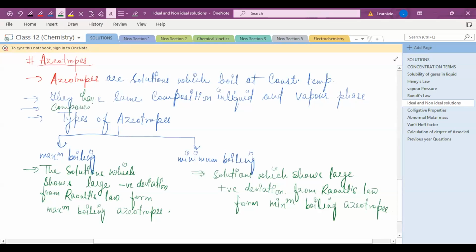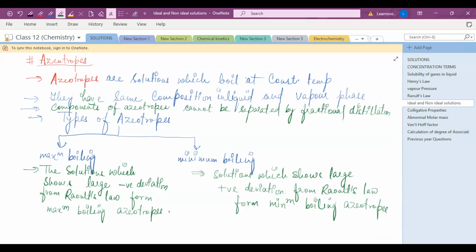You can't separate components of azeotropes by fractional distillation, because you can see they have constant temperature. They boil at constant temperature. So that's why you can't separate both the components by fractional distillation.